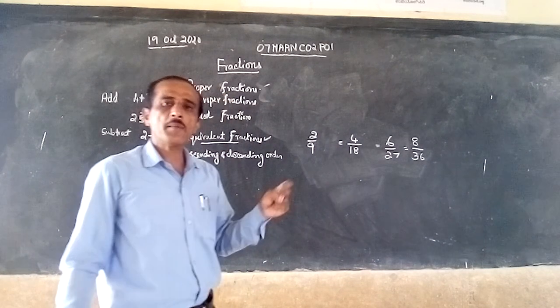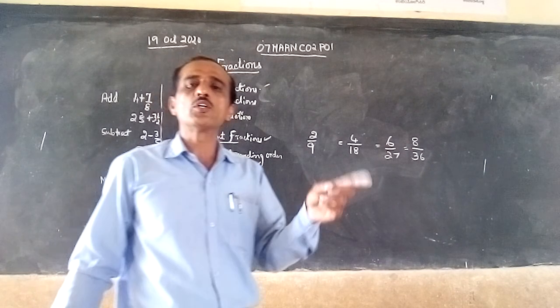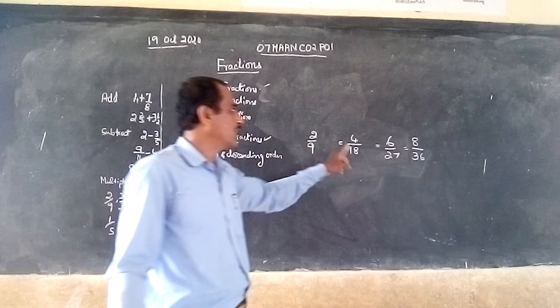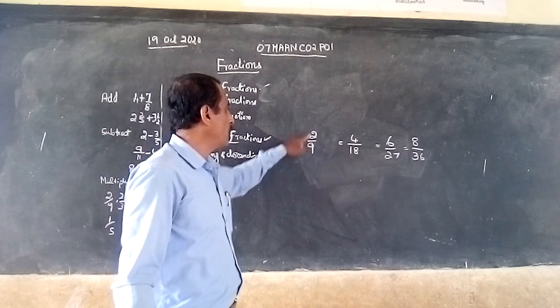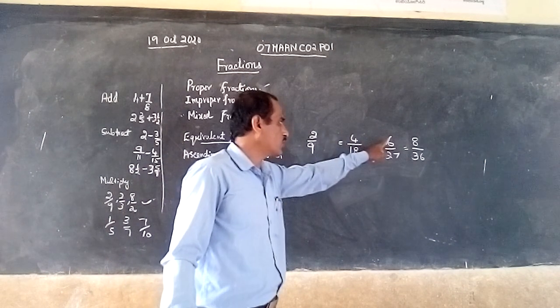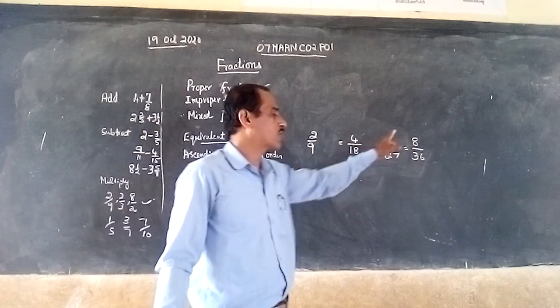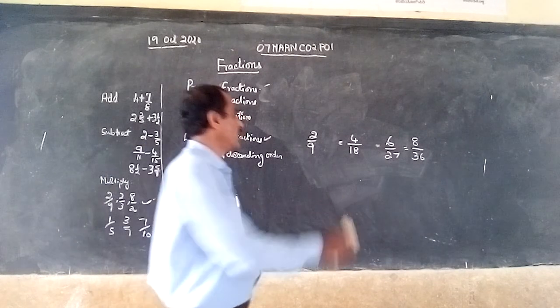So, if you multiply both the numerator and denominator by a number, the result you get is called an equivalent fraction of the original fraction. So, 2 by 9 is also equal to 4 by 18, or 6 by 27, or 8 by 36. Like this we can find the equivalent fractions.